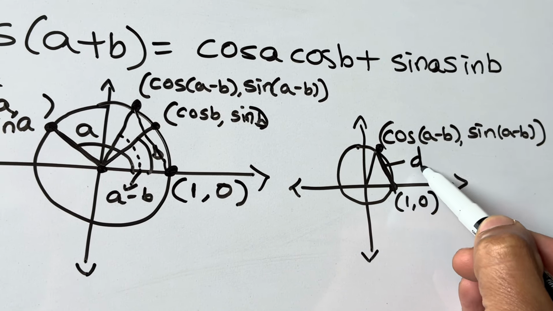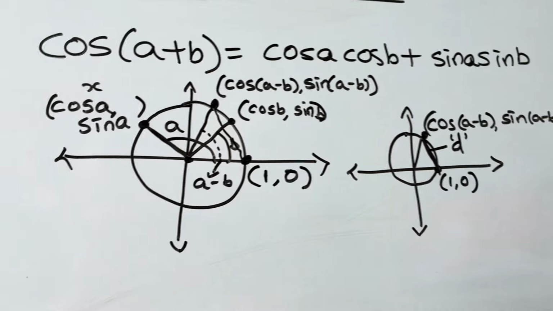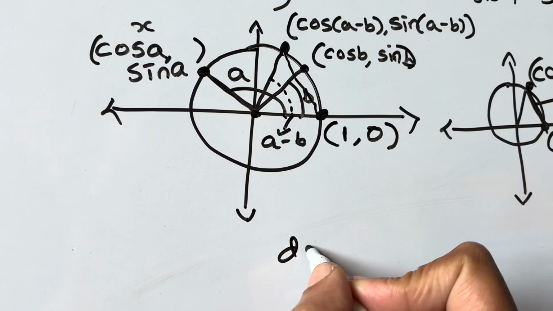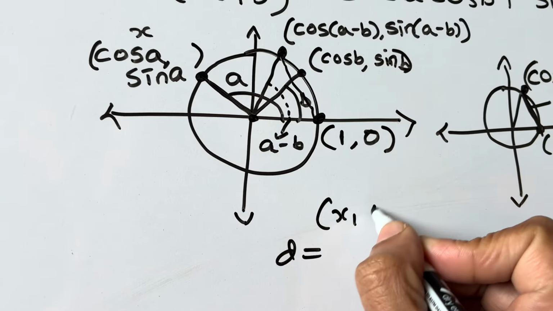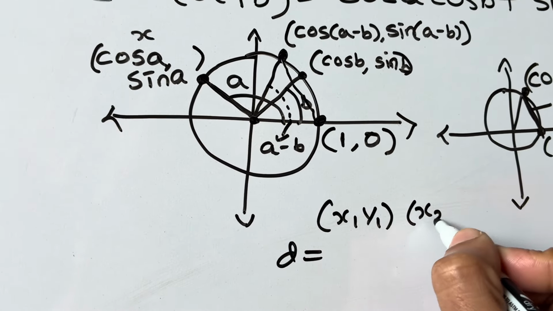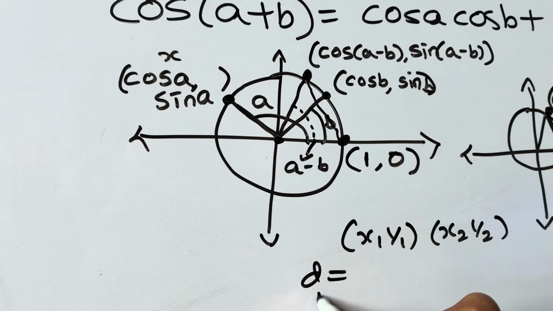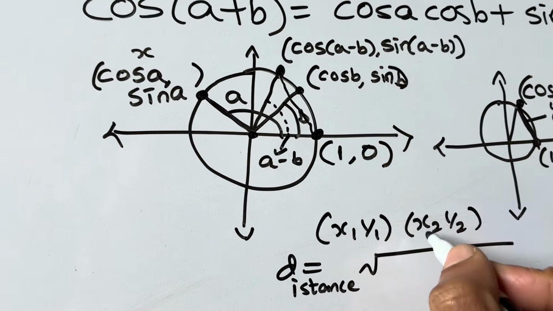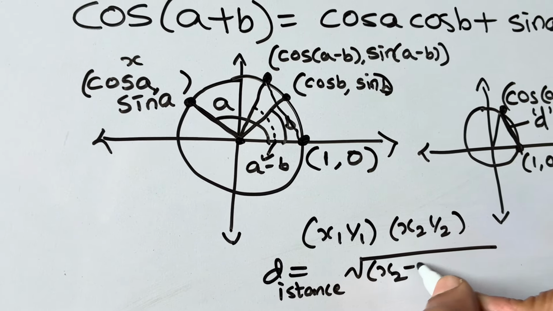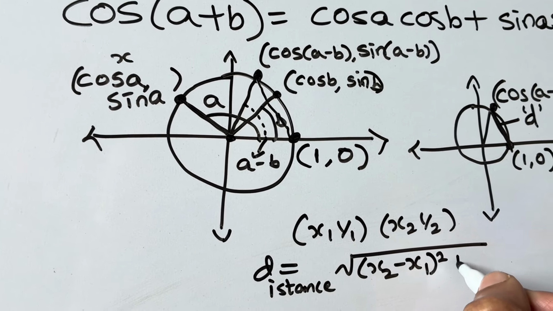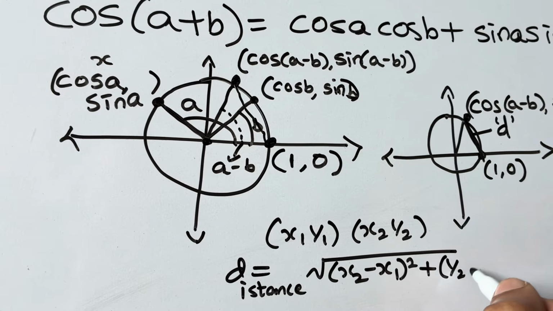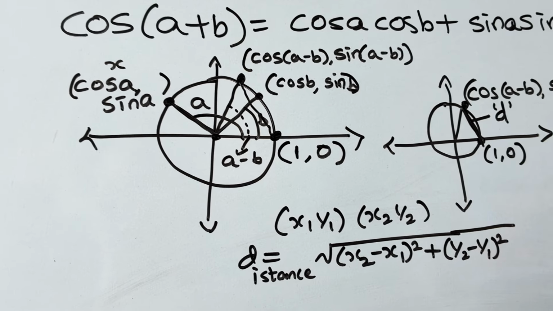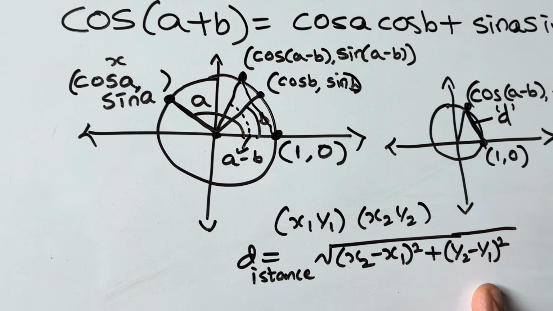Let's denote this distance with D. And we all know the distance between two points, say x1, y1 and x2, y2, is given by the square root of the x coordinates difference, x2 minus x1 whole square, plus the y coordinates difference squared.